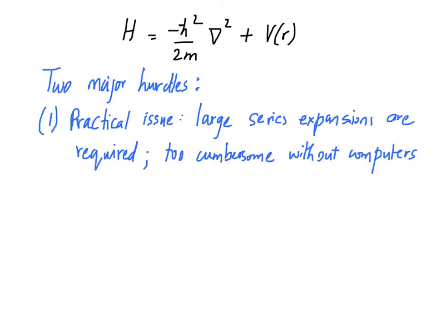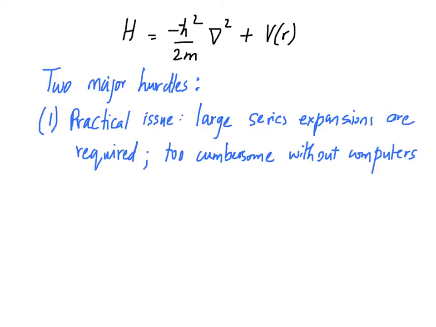So the first hurdle was of a practical nature, right? This is something I already alluded to. Regardless of whether you use the plane wave expansion or the local orbital expansion, you have in principle an infinite number of terms in that series, and we truncate that series. If we do want to achieve a satisfactory level of accuracy in our final results, it turns out that you need to have series expansions that are rather large.